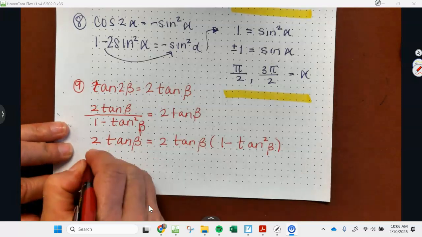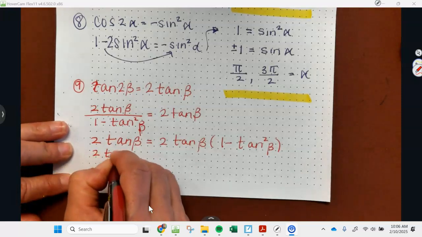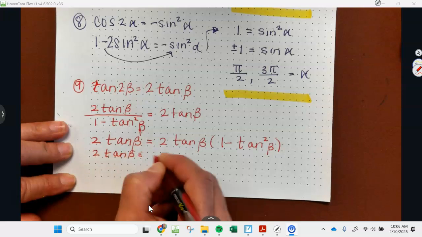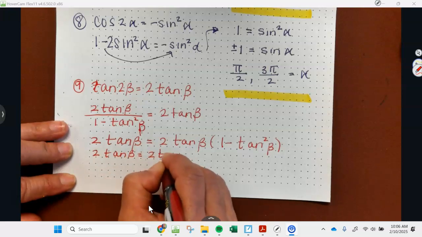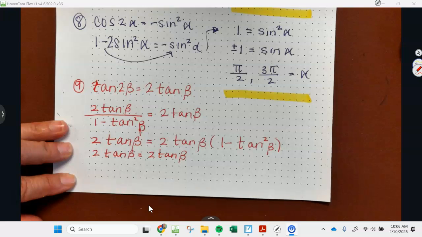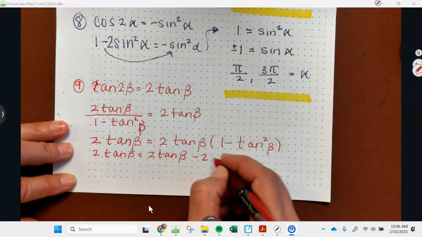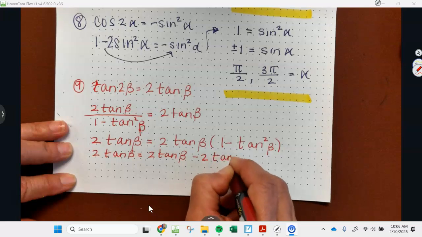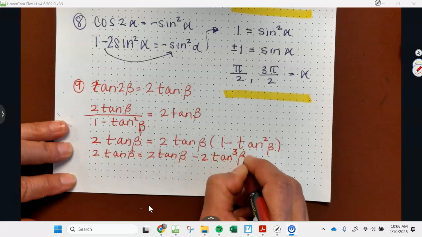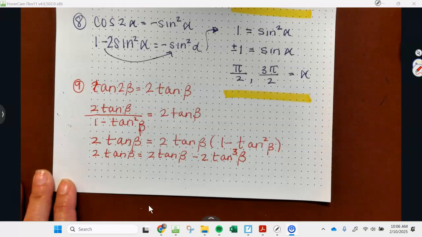So this is going to turn into, I'm just going to distribute, guys, over here on the right side. 2 tan beta times 1 is 2 tan beta. 2 tan beta times a negative tan squared beta is a negative 2 tan to the third power of beta. Alright, so lots of tan betas here.